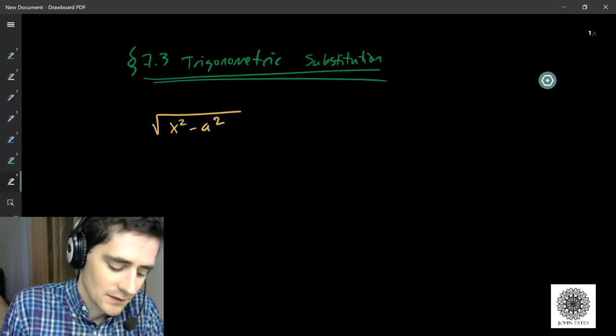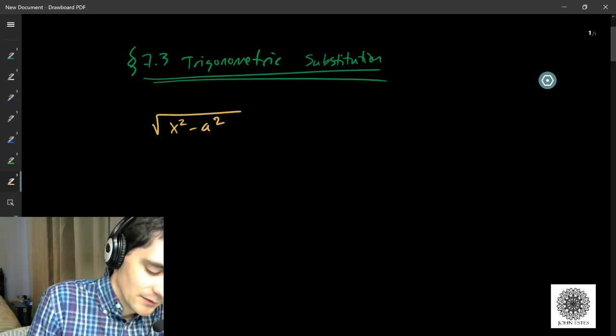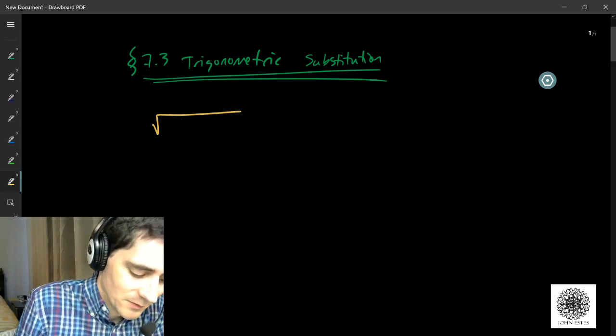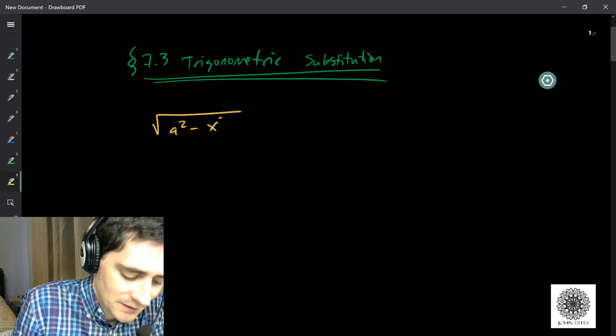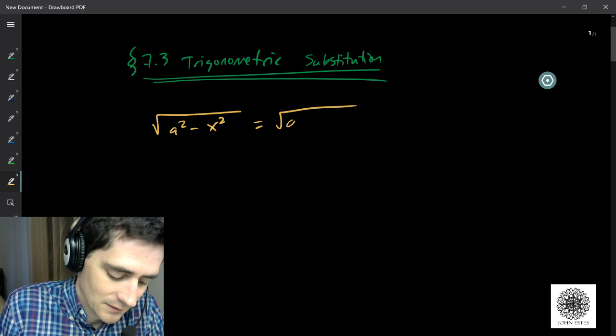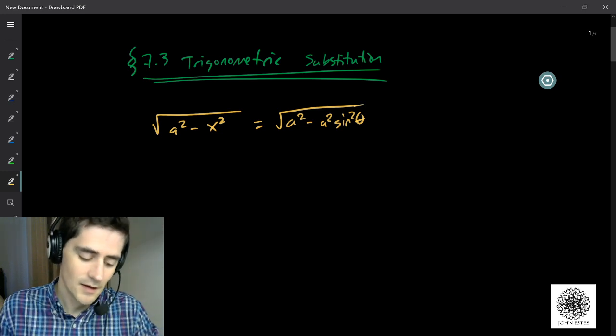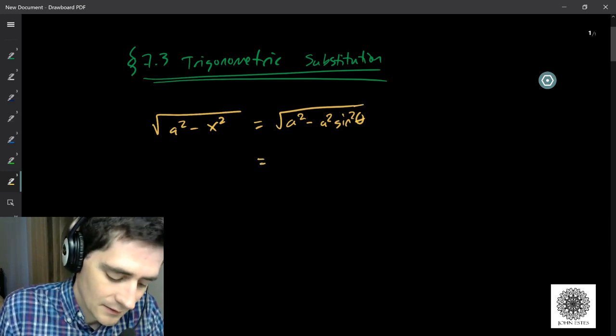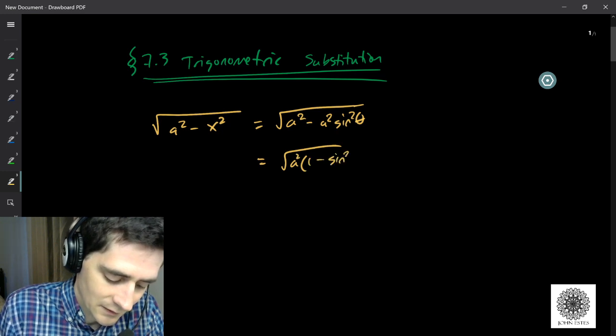But what I can do is, actually, for my illustration, sorry, let me flip this around. Say a squared minus x squared, I can do a clever substitution like this. If I had something like a squared sine squared theta, then I could take out the a squared and have 1 minus sine squared.